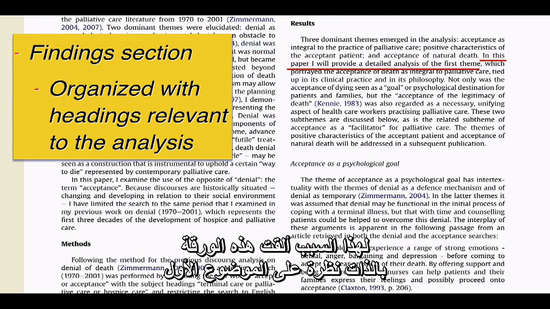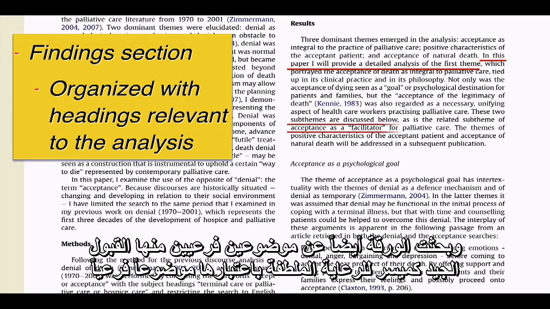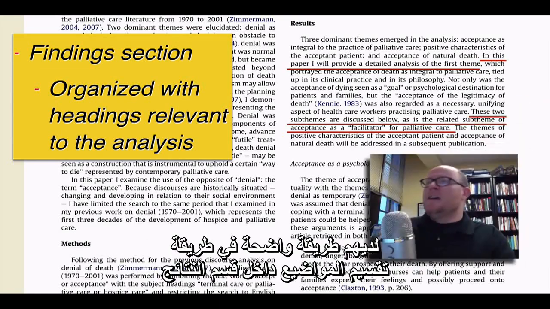So this particular paper is only going to look at the first theme. And they also talk about 2 sub-themes within it as well. Acceptance as a facilitator for palliative care is a related sub-theme to 2 others. So they've laid out exactly how the themes are broken down within the results section.